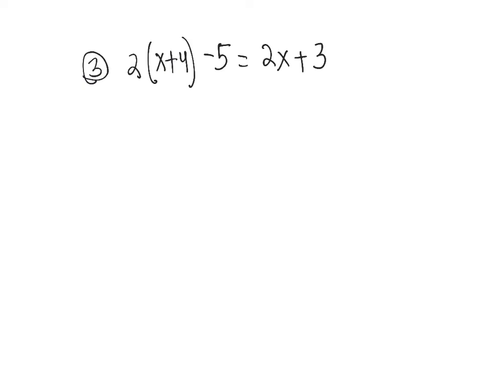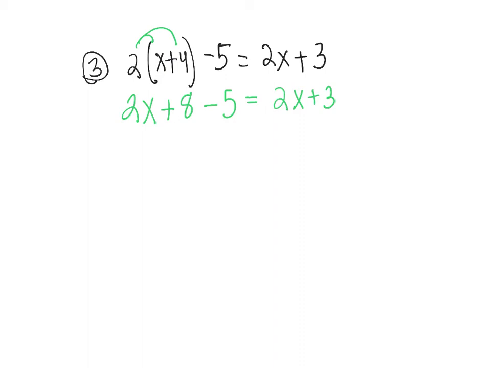And I'm going to have to first do the distributive property. So 2 times x, 2x. 2 times 4 is 8. I have to be careful that the 5 is not part of the distributive property. So I'm going to drop that down. And the 2x plus 3, I can't do anything with this. There's no distributive property or combining like terms, so I'm just going to write that down.